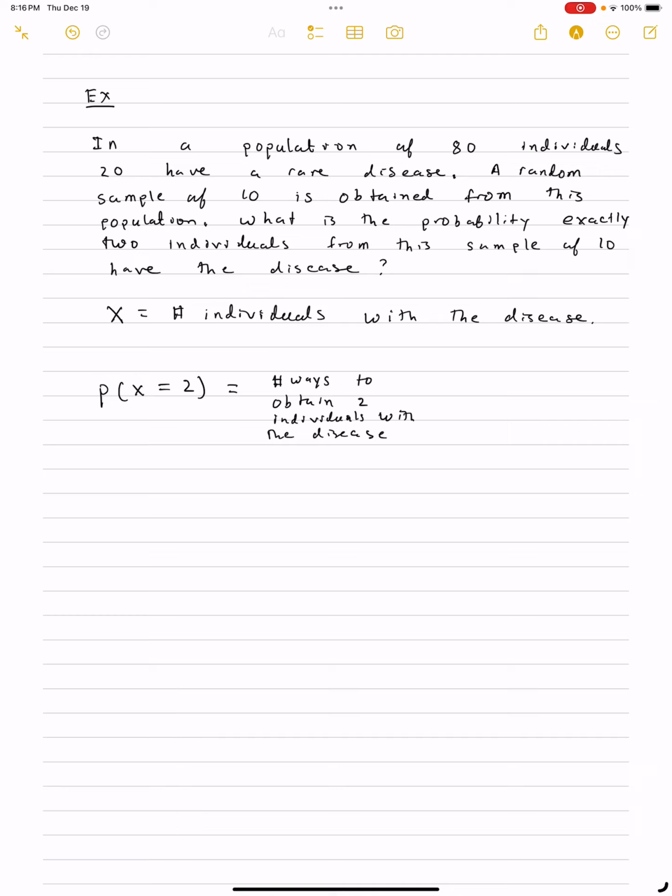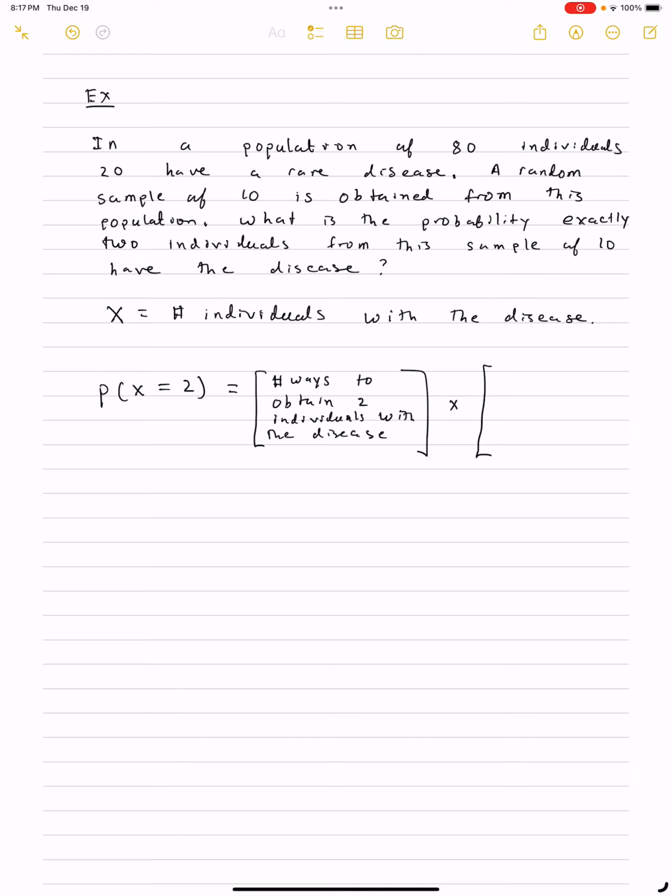Remember, there are 10 people being sampled. So if there are 2 individuals with the disease, that must mean there are 8 individuals without the disease.